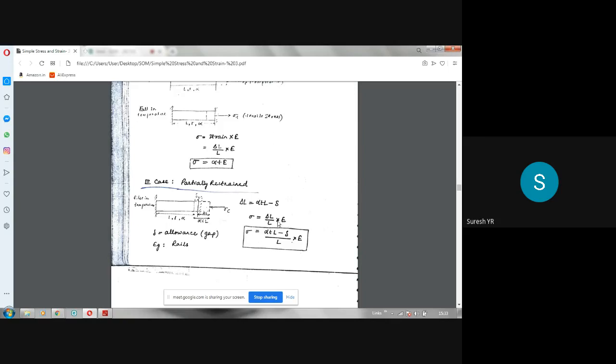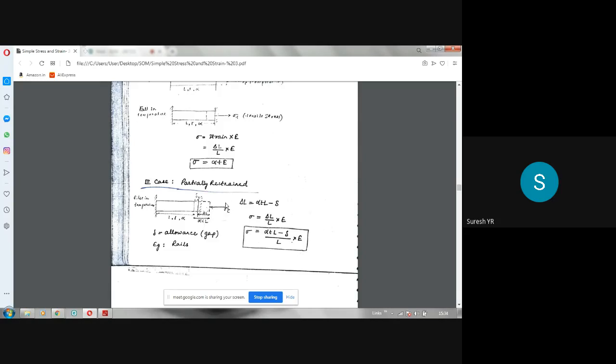The only thing is that in place of delta L, we have to put alpha TL minus delta, because when it is partially restrained, we have to take delta L as this much. That is the difference. So stress is alpha TL minus delta divided by L, into E. This is the compressive stress that is going to develop, naturally, because there is a restriction here.